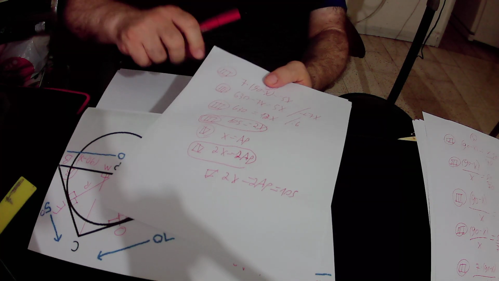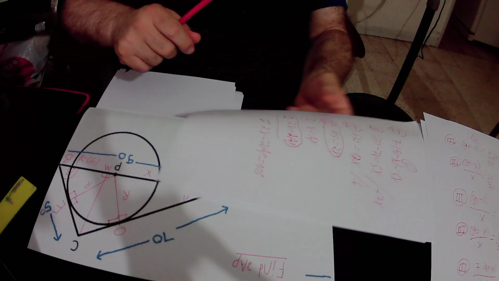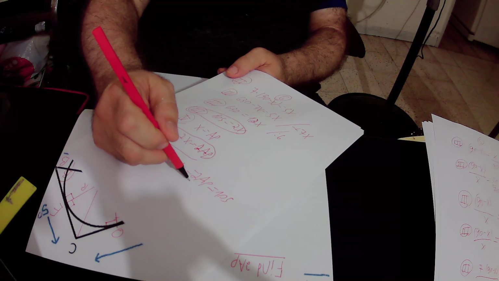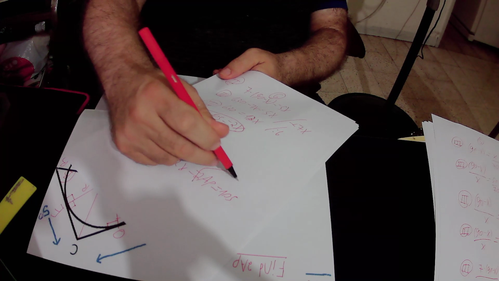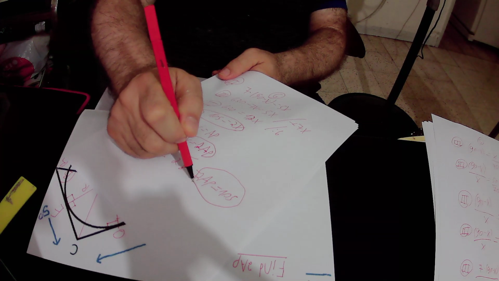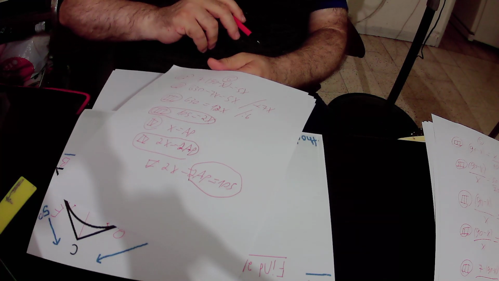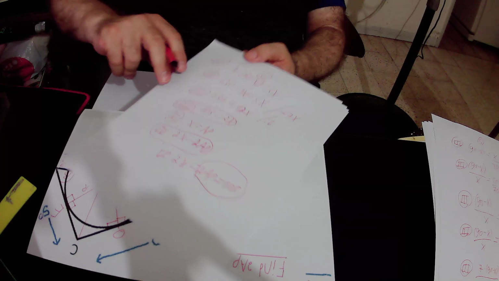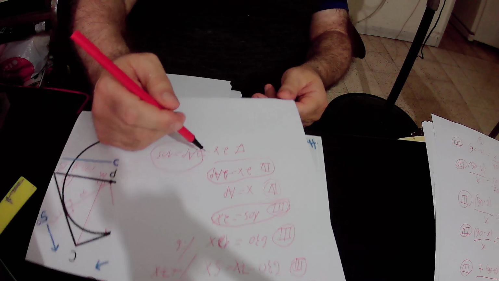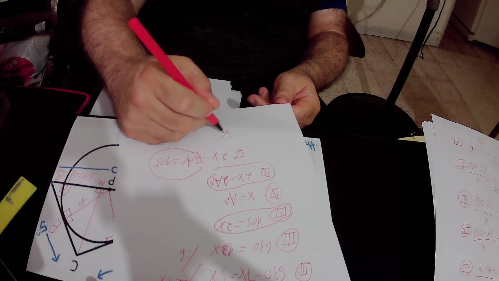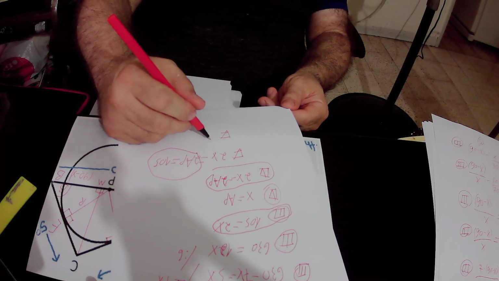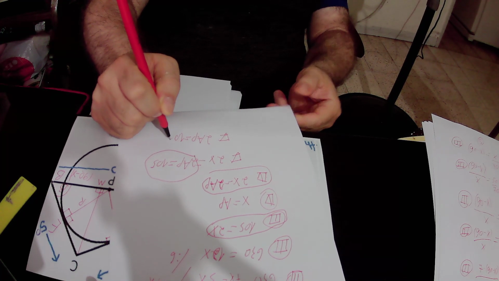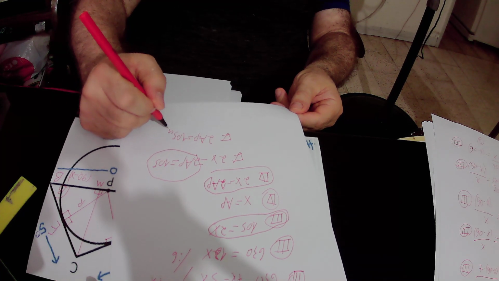So here we have equality that 2 times AP equals 105 units. Okay, from the fifth equation we got the equality that 2 times AP equals 105 units.